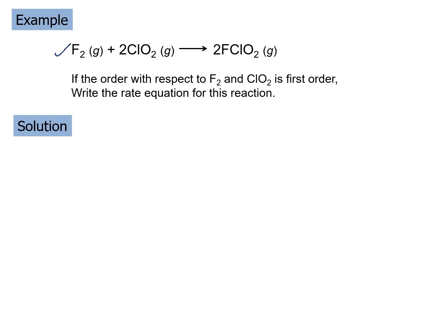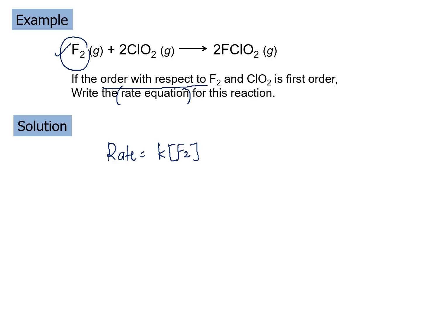As I said before, rate law also known as rate equation. So, the question asks you to write the rate law. So, you must start with the words rate equals to small letter k, which is rate constant, times the concentration of reactant. So your first reactant is F2. Power of its reaction order.